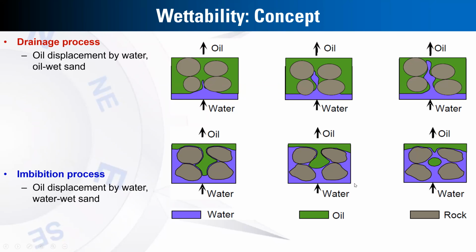The imbibition process is defined as the increase of wetting phase saturation. That means we have oil displacement by water if we have water with rock. But in the drainage process, we have an increase in the non-wetting phase saturation, in the case of oil displacement by water, but we have oil with rock.